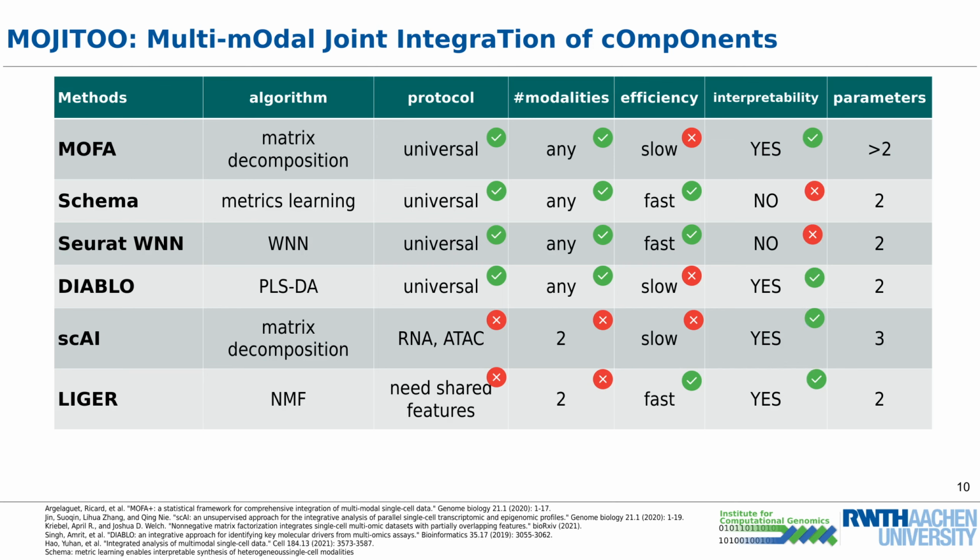For interpretability, Schema uses a quadratic program, which distorts the primary modality information from the others, so that the association to features of each modality is not interpretable. Well, WNN only provides a network rather than a latent space, so it's not interpretable as well.